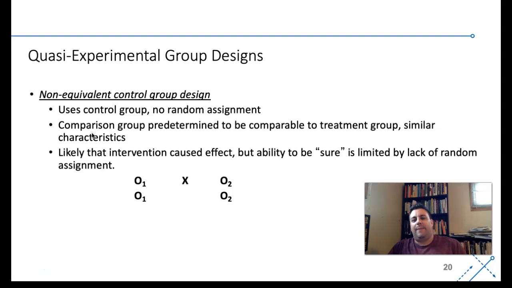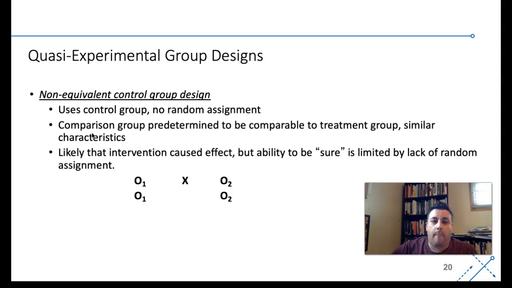So the next big category of longitudinal designs is quasi-experimental. The big difference between a true experiment and a quasi-experimental design is that there is no random assignment. So the groups are predetermined, or they're naturally occurring.